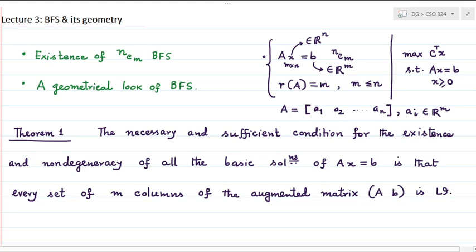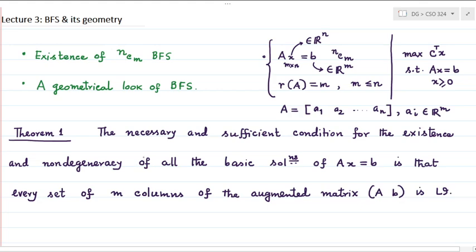Out of these n plus 1 columns you choose any m columns. If you find that any such m columns are linearly independent, then this system Ax equals b will have all possible basic solutions, that is the maximum number, nCm, of basic solutions, and all of them will be non-degenerate.